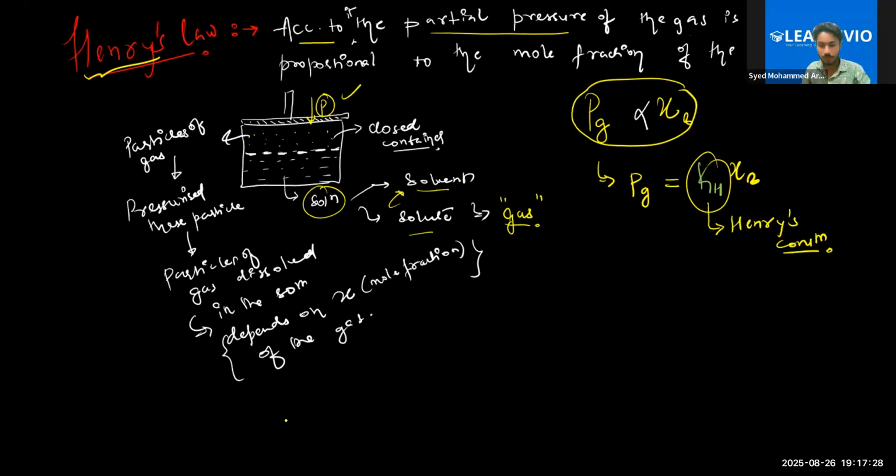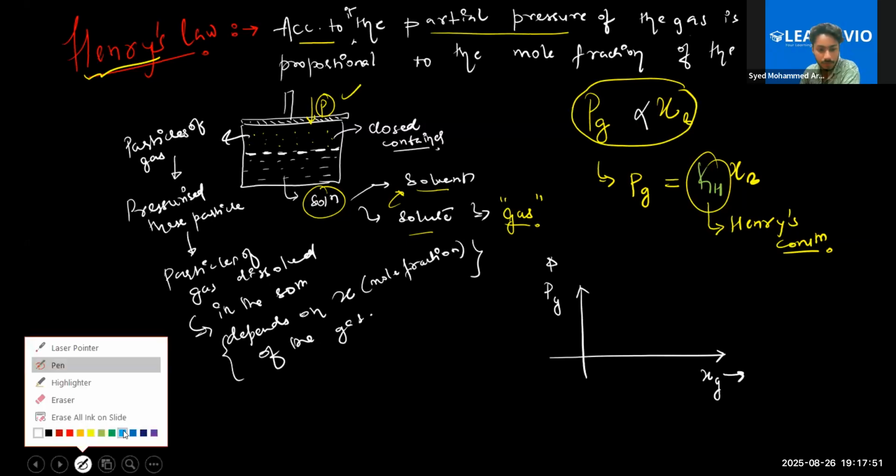Now I am going to give you a graph. This is my Pg, partial pressure of gas, and this is my mole fraction of gas. Can you tell me how my graph is going to look after seeing this equation?